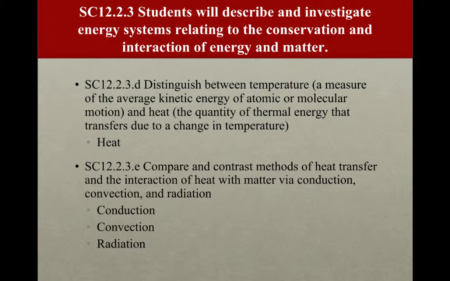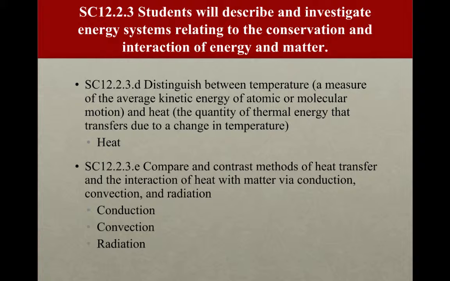Convection has to do with heat being transferred with a current. So one example is in a house, in a two-story house, heat rises. So heat will go up a stairwell, and that will push colder air down a stairwell also.